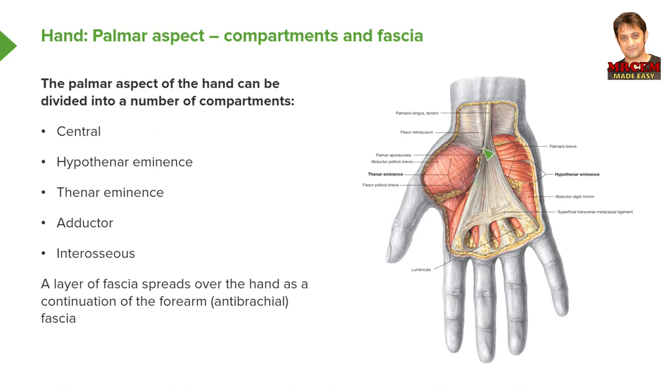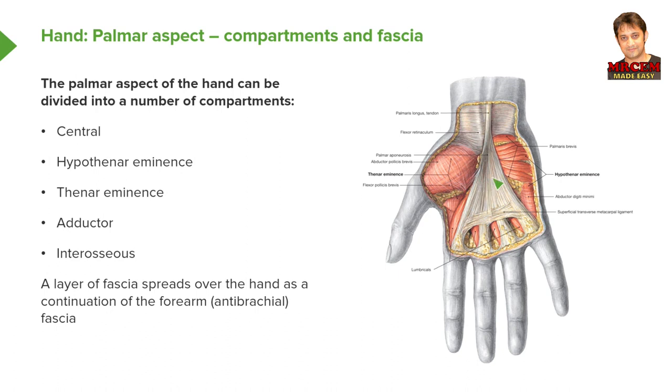And the palmar aponeurosis is continuous here with the antebrachial fascia. It is also connected to a long muscle within the forearm, palmaris longus, and this helps to tighten this palmar aponeurosis. The palmar aponeurosis is important for protection. It's also important in being able to form the grip. It tightens the skin when you're forming a grip.